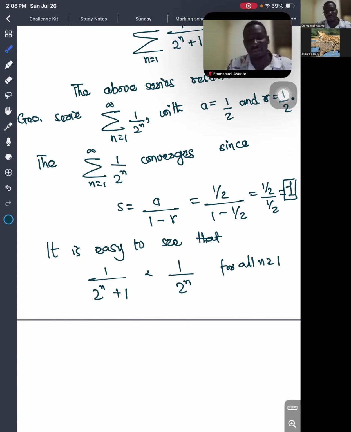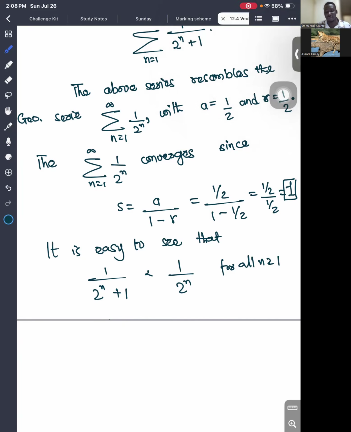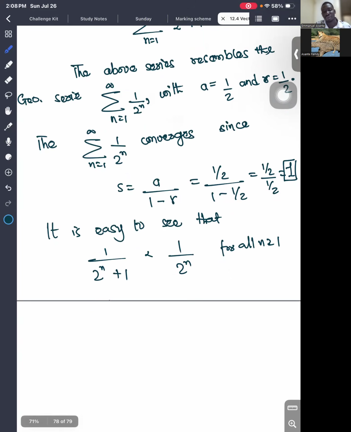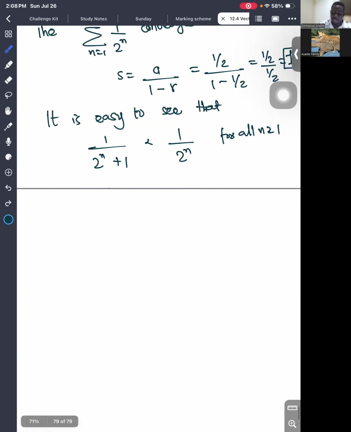You are considering the sequence that gives the arbitrary series we considered in the beginning, and the sequence that gives the geometric series, which we claim converges. Remember, to show that a geometric series converges, all you have to do is determine r and say that r satisfies the condition for convergence. I hope you remember that condition. You don't have to go through this calculation; you might not have the time. So it is easy to see that this inequality is true.